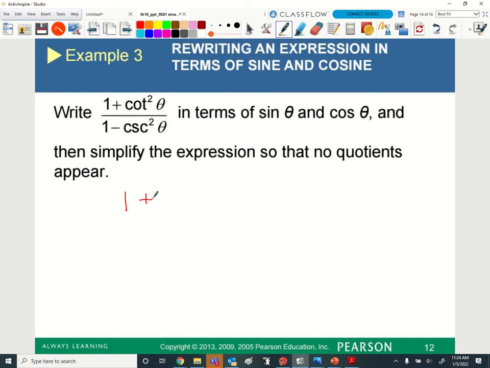So cotangent squared is x squared over y squared, divided by 1 minus cosecant. What is cosecant supposed to be? 1 over y. So cosecant squared is 1 over y squared.